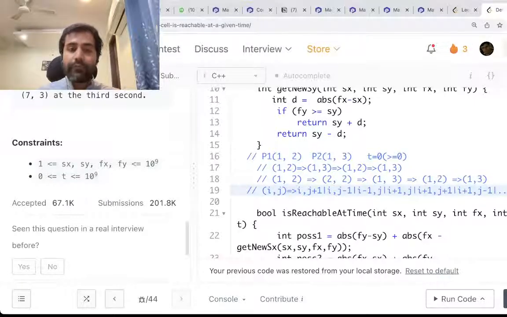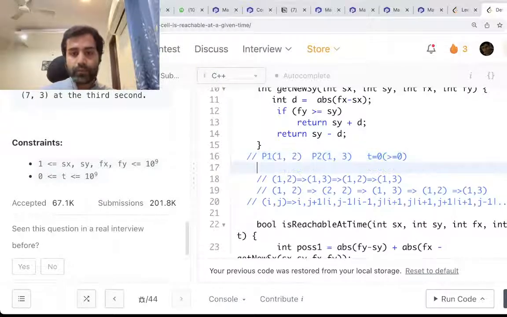Because we all found out that the minimum amount of time required to reach from one point to another point is 1. So if the minimum amount of time is x, and the value of t happens to be smaller than x, then we know that it will not be possible to move from p1 to p2, because this is the minimum amount of time.